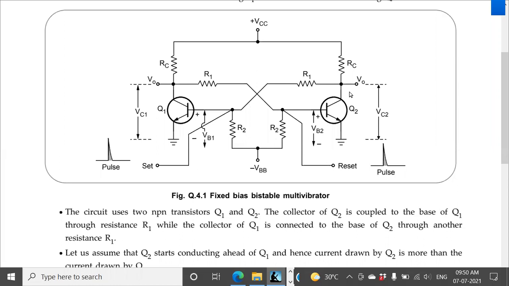If this current is higher, now tell me, which transistor is towards the on direction and which is towards the off direction? Current is high means it is moving towards the on direction, students. So Q2 is close to the on region.